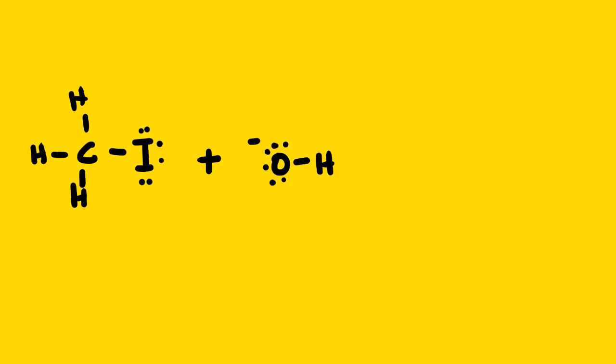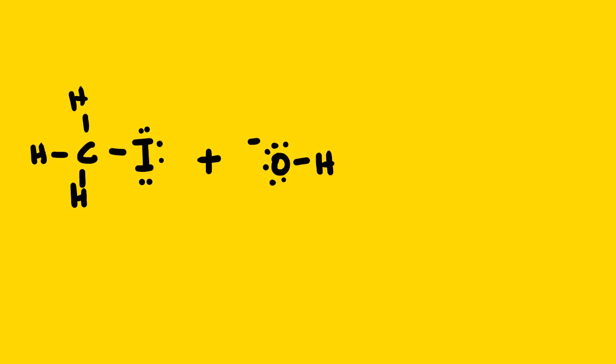We know that iodine is more electronegative compared to carbon. So if we were to break the bond between the two, iodine will move with this pair of electrons because it is more electronegative compared to carbon.